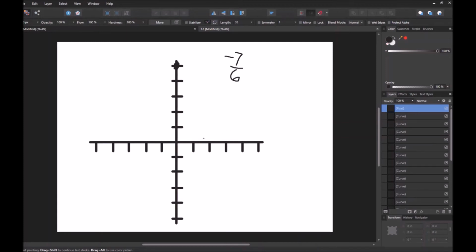And conversely, for every 6 units we go left on the x-axis, we go up 7 units. So we're going to go right 6 units, so that's going to be just off the graph here, and then down 7 units. So this will be 5, and then 6, 7. So it's going to look something like that, and then I'm going to do a very rough sketch and just imagine it as a straight line.